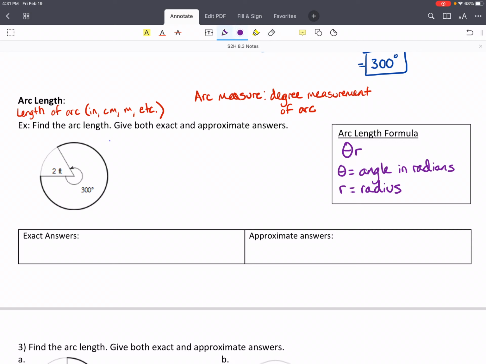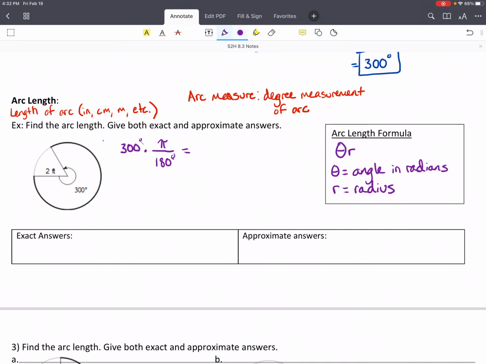So I'm going to convert 300. Sorry, it's really irritating without a calculator here. 300 is 5 pi over 3.